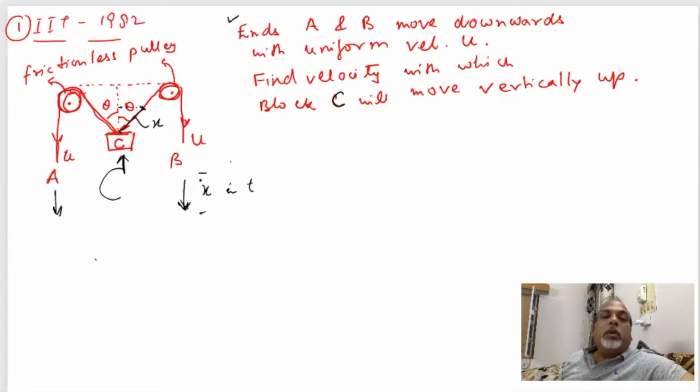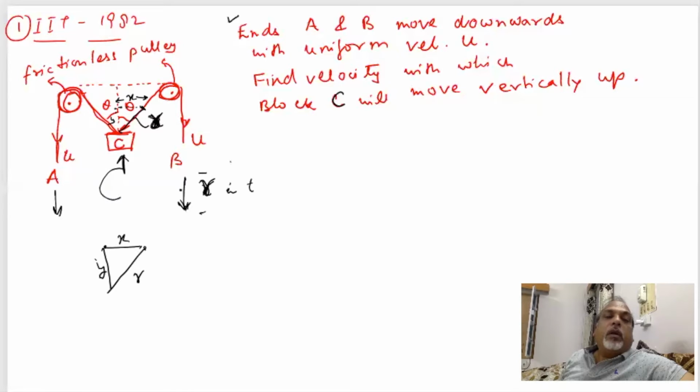Or you can say suppose this is r. This is your r distance, and here suppose this is x and this is y, and this is your r.